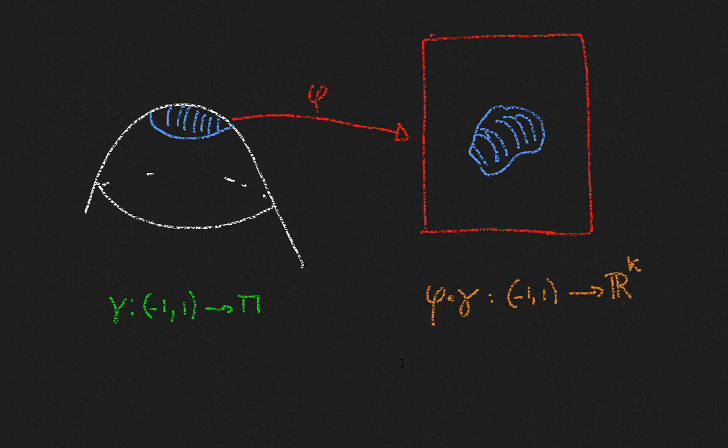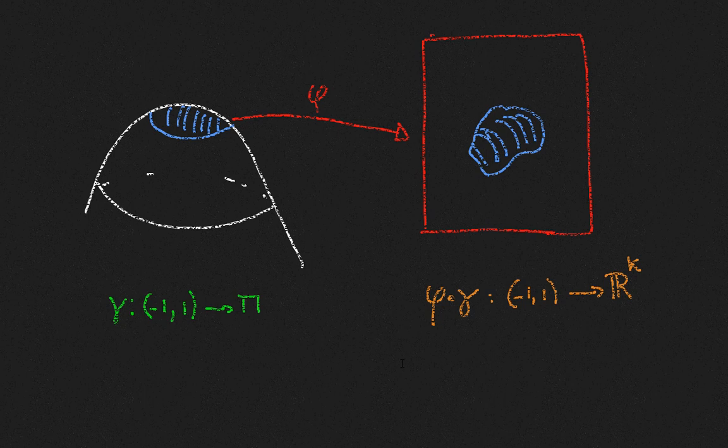And if you remember, I went through it quite fast, but phi, the coordinate chart, so this map, is a diffeomorphism. So it has an inverse, which is again smooth. So you can come back.